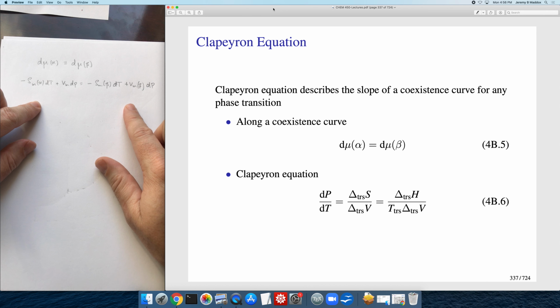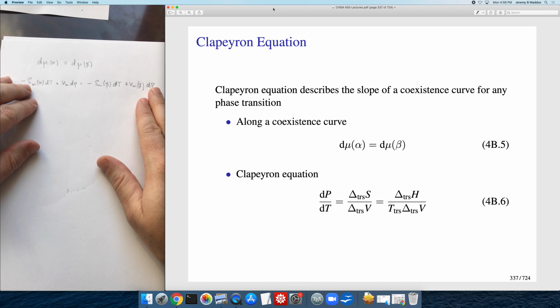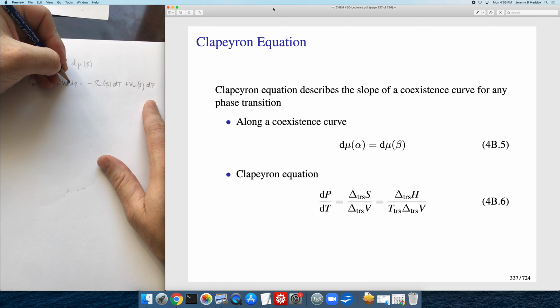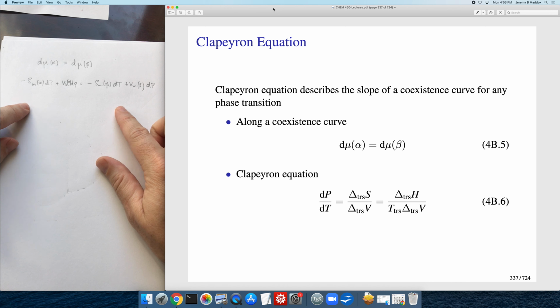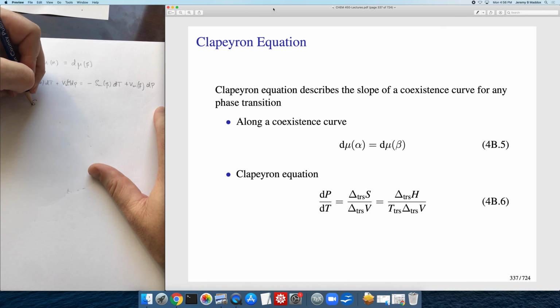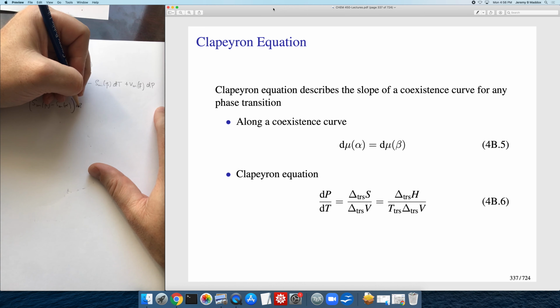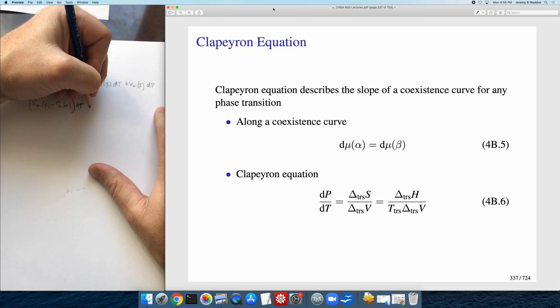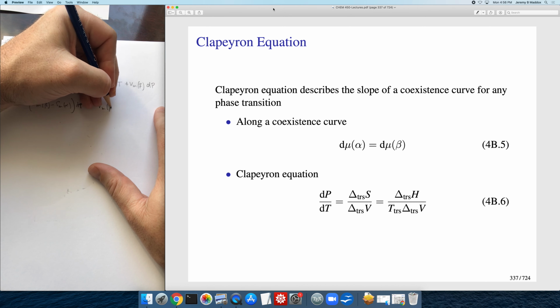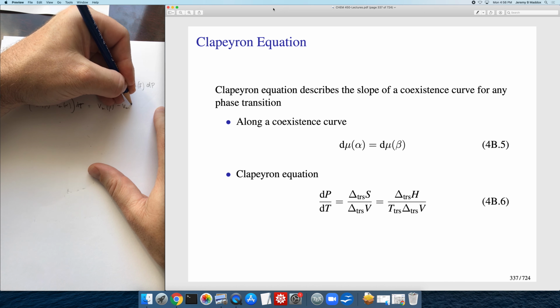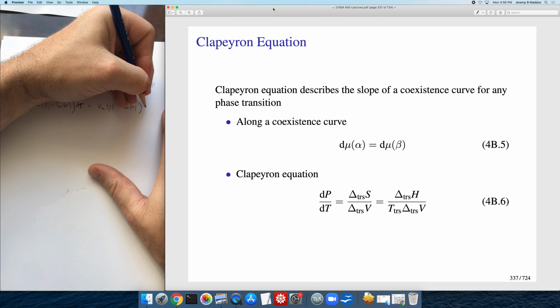So I'm going to put the volumes on this side, this should be the volume of the alpha phase, and I'm going to put the temperature terms on this side. So I'm going to have Sm beta minus Sm alpha dT equals Vm beta minus Vm alpha dP.